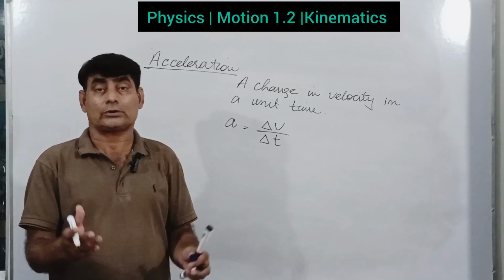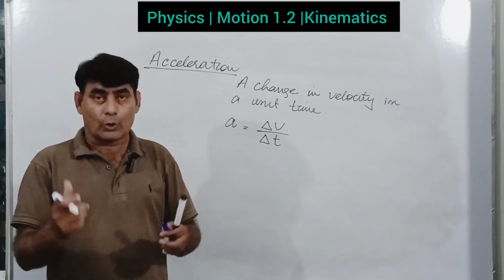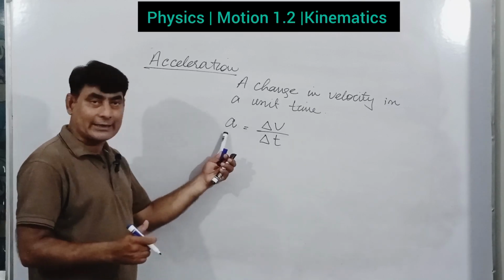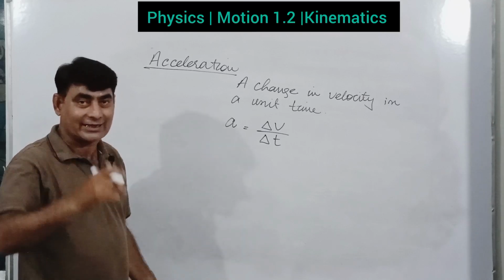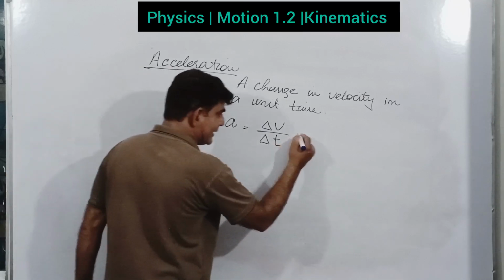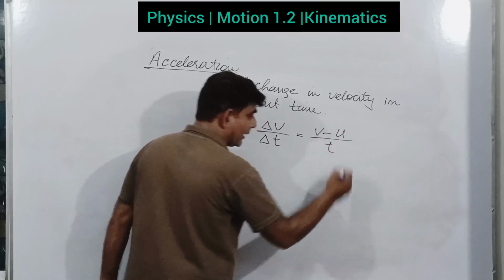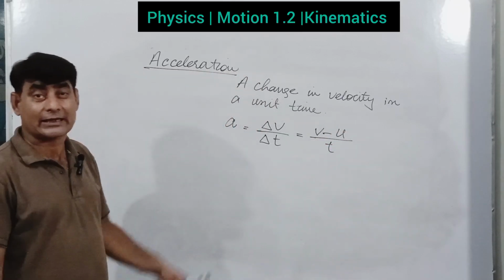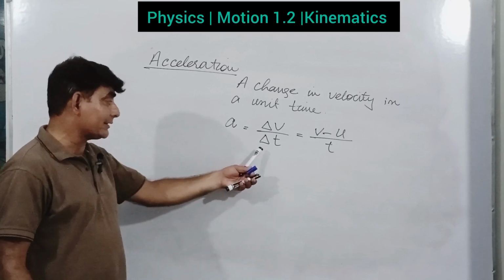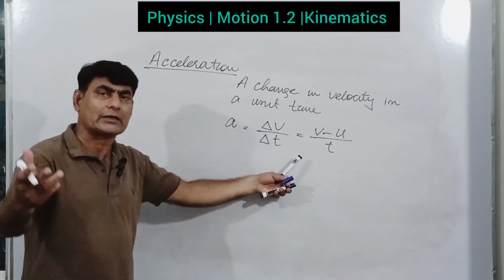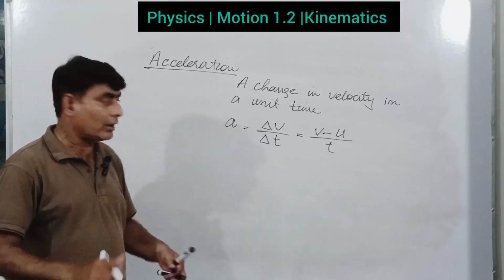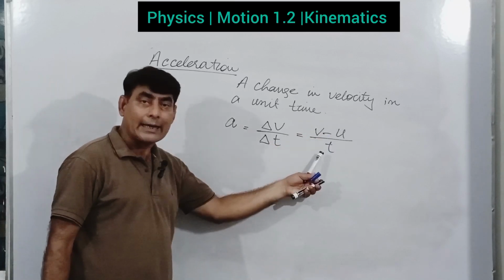Okay, now listen. We are talking about positive acceleration. So one can write v minus u upon the time interval or time taken t. You can write just t rather than delta t. It is the time taken, the time interval. So v minus u upon t.